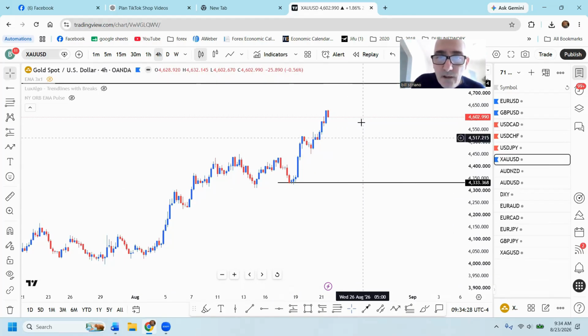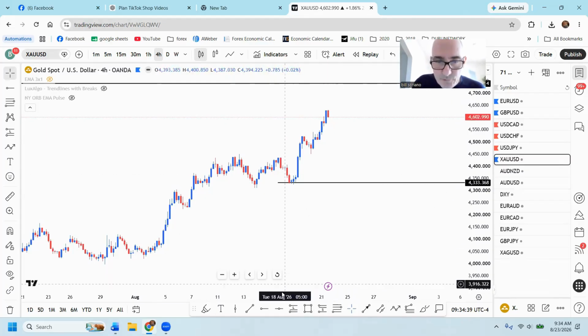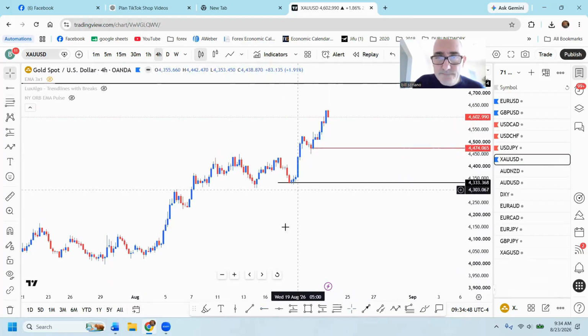higher low. Here we can see that this high is obviously higher than this high here. So gold is in an uptrend, and if this is our higher high, then we're going to say that this is our higher low.